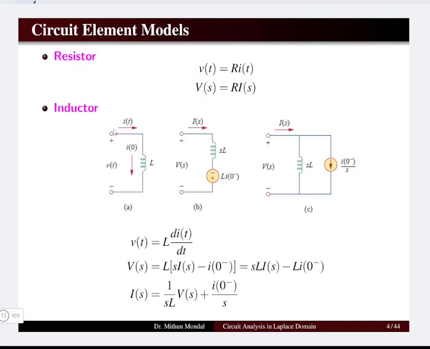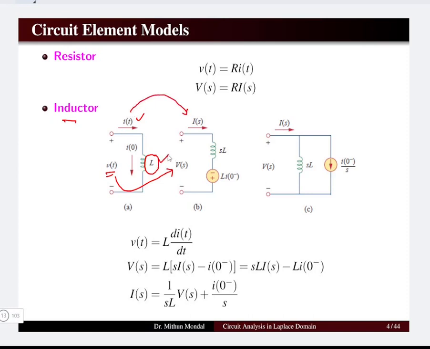Now coming to the inductor, if we have an inductor in a system which has the excitation voltage V of t, drawing a current I of t, then the Laplace transform of V of t is V of s. The Laplace transform of I of t is I of s.